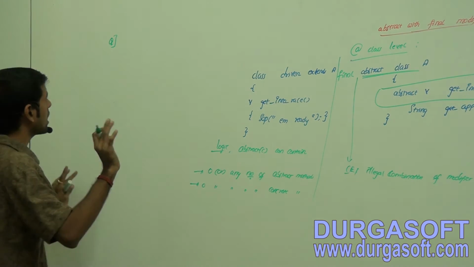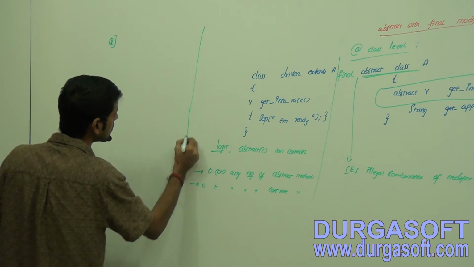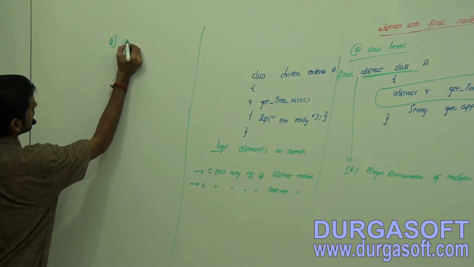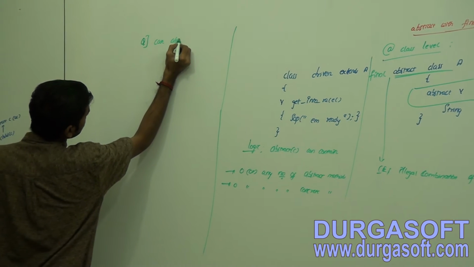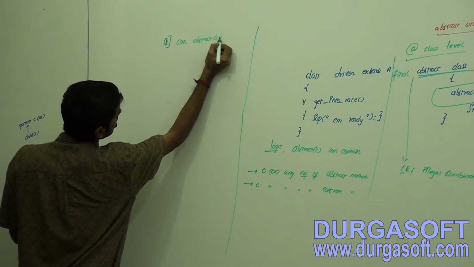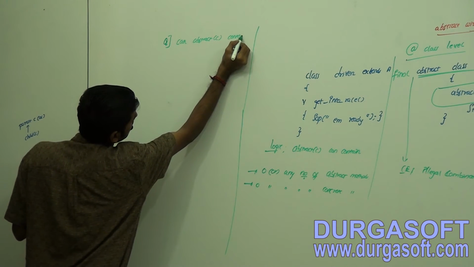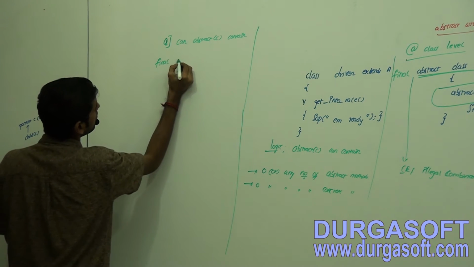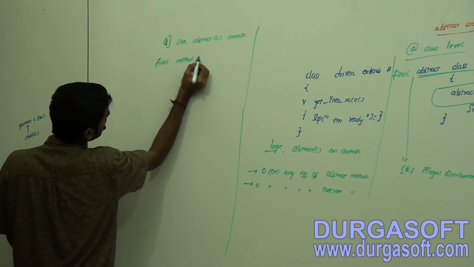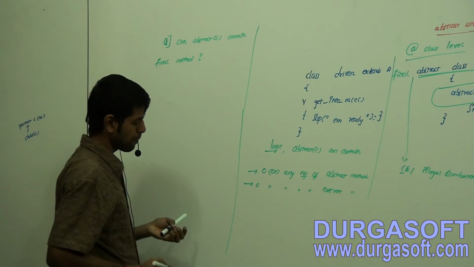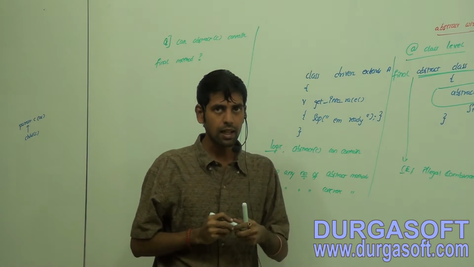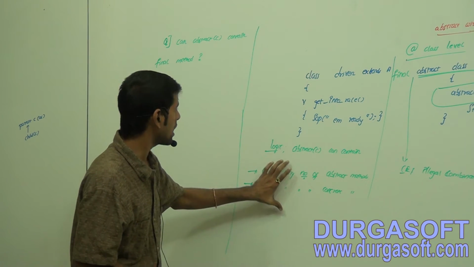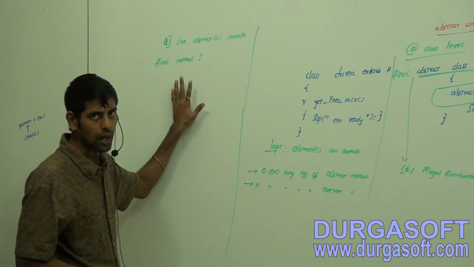Just try to observe here. What does that mean? Can abstract class contain a final method? Just try to observe this logic and try to give the answer for this one.